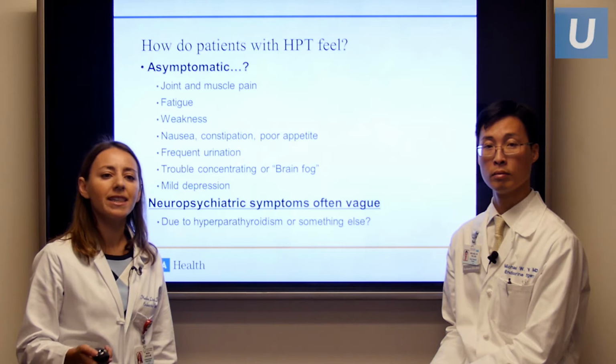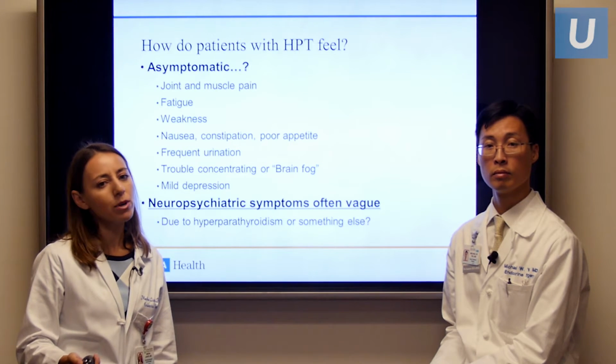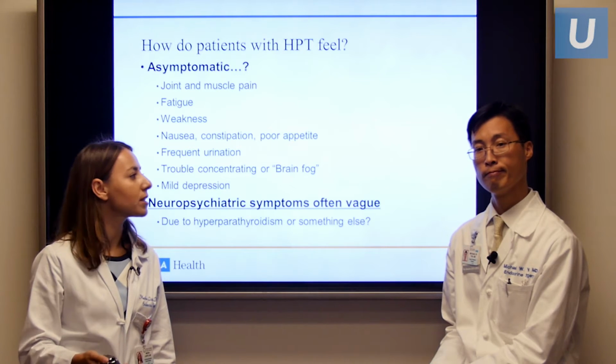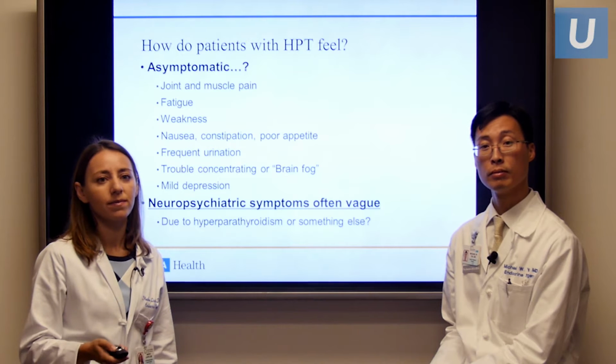Now, the trouble is that these neuropsychiatric symptoms are often very vague, and it's hard to always attribute, is it due to hyperparathyroidism, or could it be due to some other condition, such as intrinsic depression?